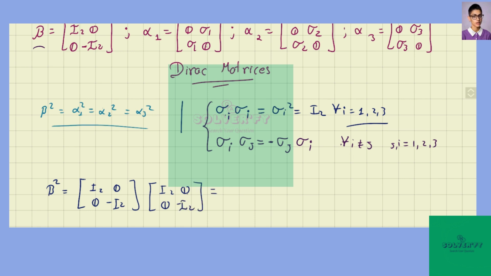This multiplication will result in the identity of 4 by 4, because each diagonal block multiplied by itself gives the positive identity matrix 2 by 2. Two blocks of 2 by 2 on the diagonal means we have just the identity matrix 4 by 4.